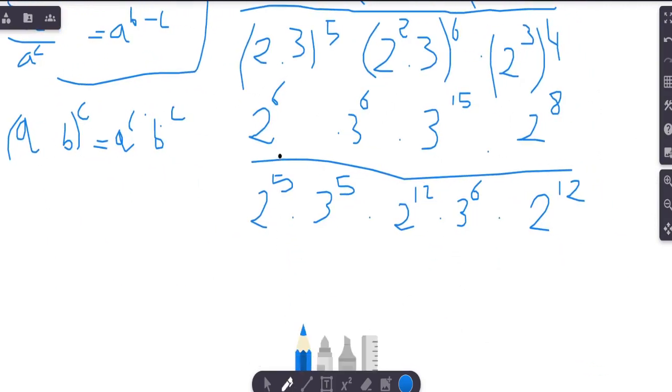So here we have 3 to the 6 multiplied by 3 to the 15. So it's 3 to the 6 plus 15, 3 to the 21, times, and now we have the powers of 2, so we have 2 to the 8 plus 6, so 2 to the 14.